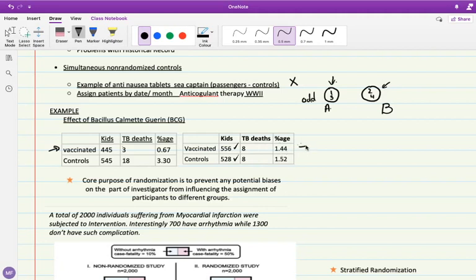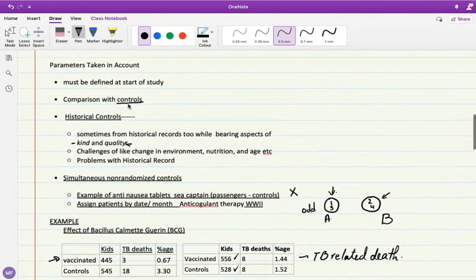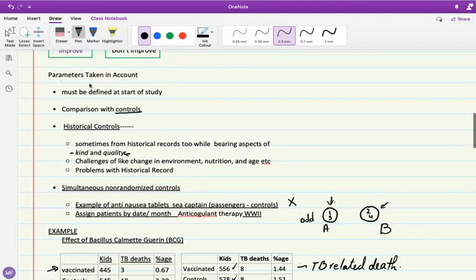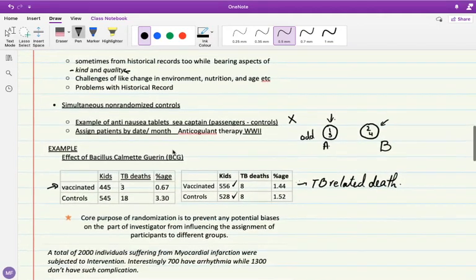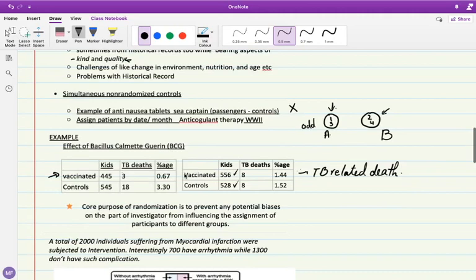So no advantage in tuberculosis-related death was noticed in this trial. This is how much the background parameters and inclusion criteria influence the results.